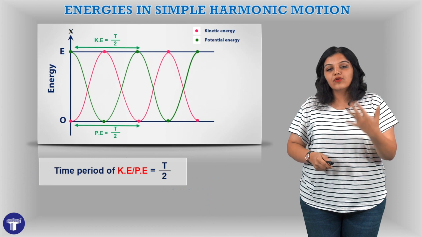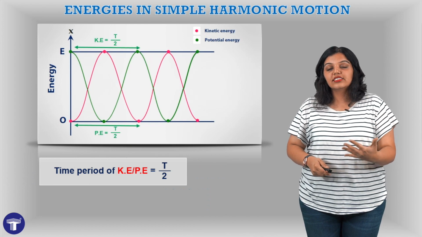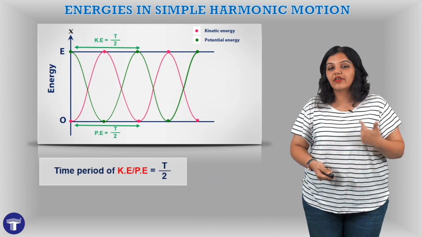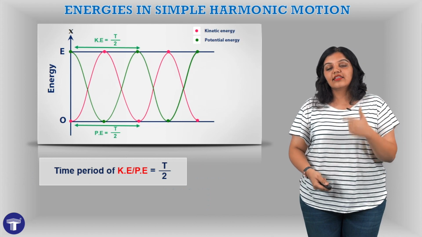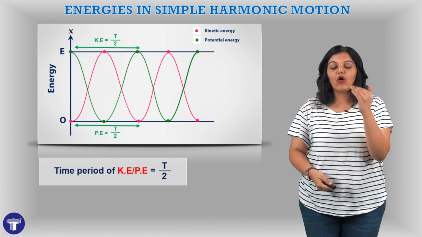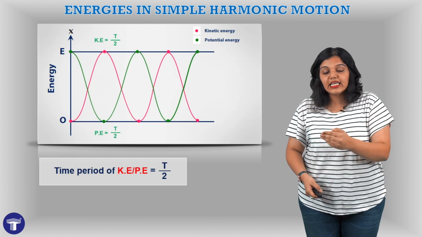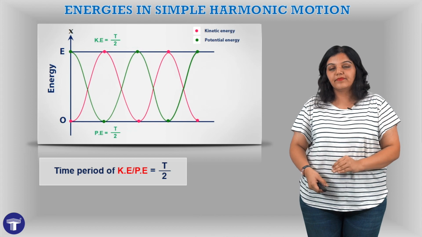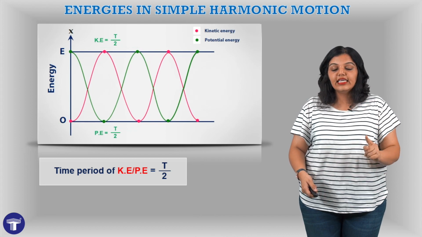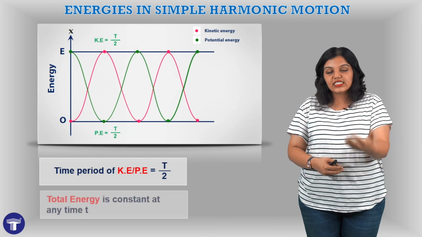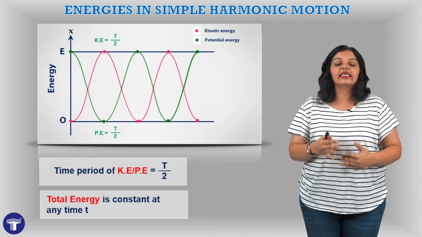If you also notice the time period before the kinetic or the potential energy curves repeat, you'll see that the time period of the kinetic or potential energy curve is T by 2, because they repeat after half of the motion, and therefore the time period of KE or PE is said to be T by 2.